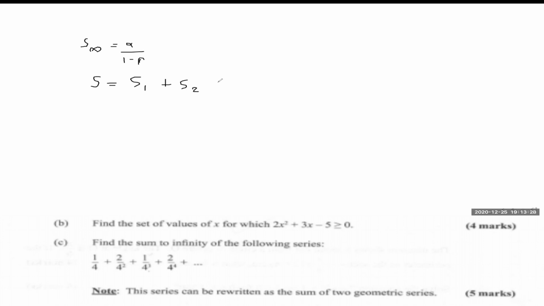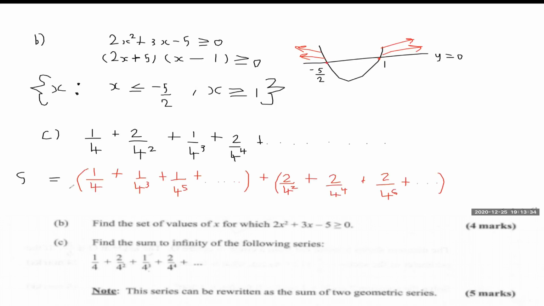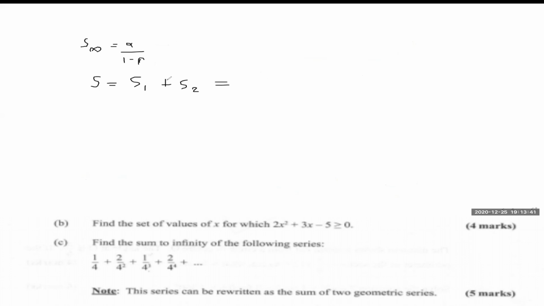Now, in order for us to know what S1 and S2 are, first and foremost, the first term is a quarter. So S1 is a quarter divided by 1 minus r.